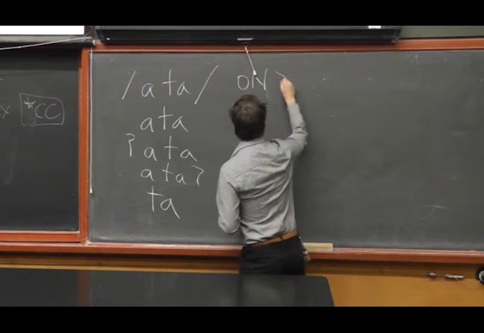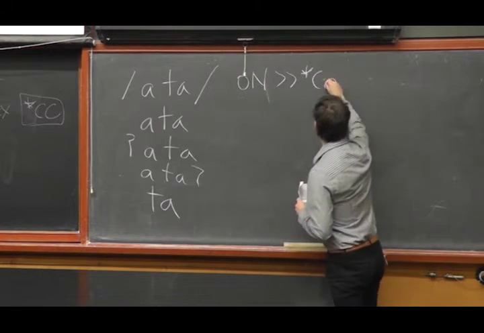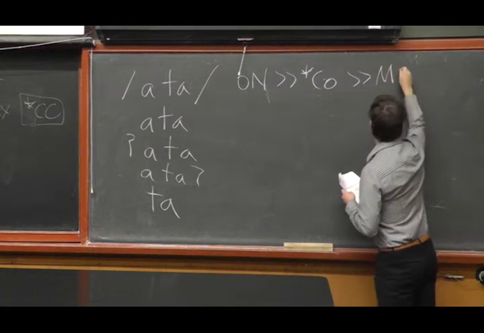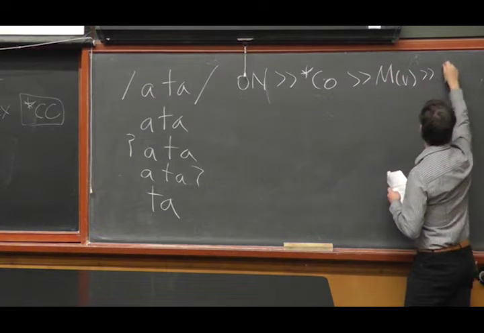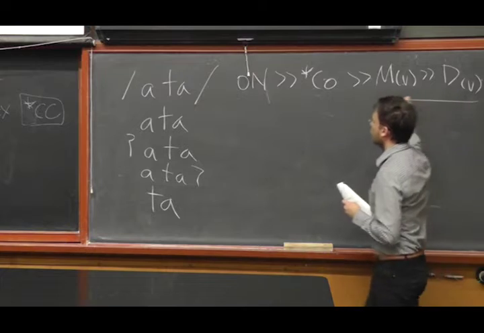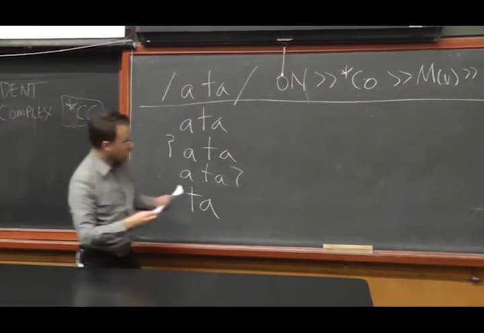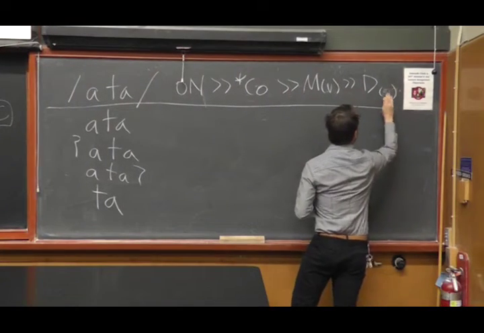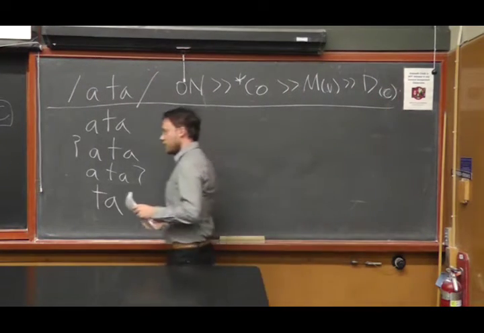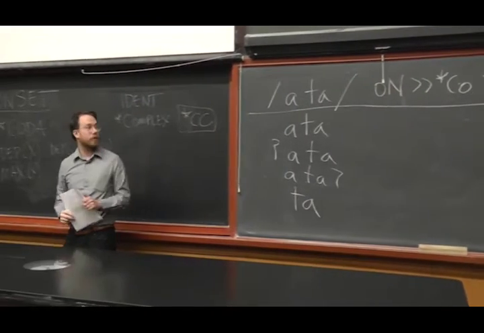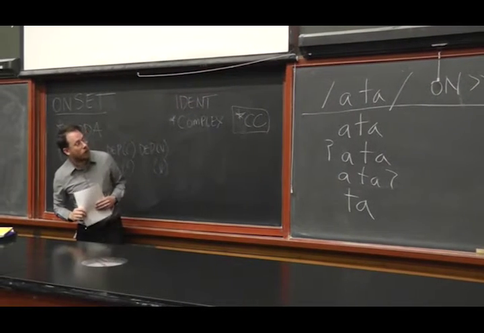Here, onset, star coda, max V, depth C. So we have this with depth C in these types. And now we'll do our evaluation.